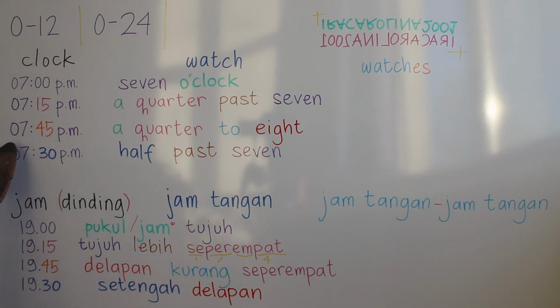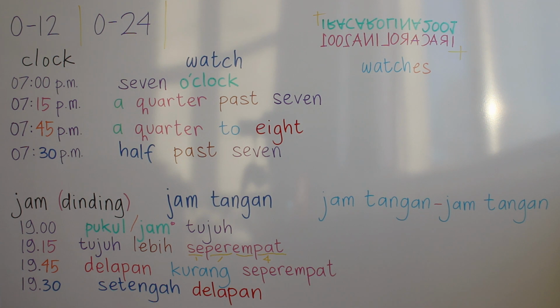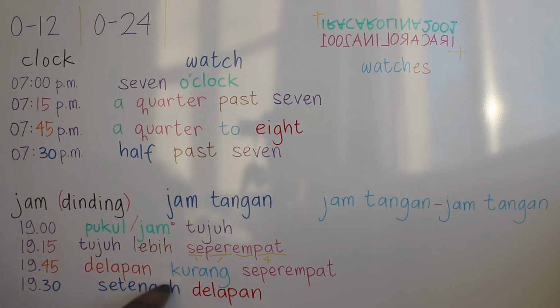And now this one, a quarter to 8. In Indonesia we use the word kurang for "to". Kurang means minus, but in this case we translate it as "to".